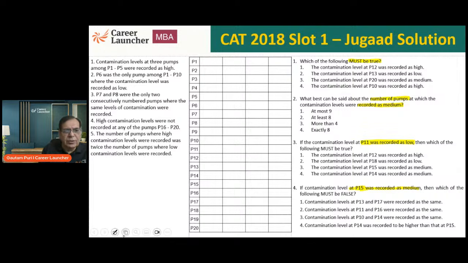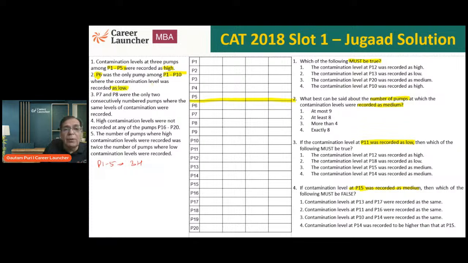Okay. Now, statement 1. Contamination level at 3 pumps among P1 to P5 was recorded as high. So P1 to P5, I'll just put this demarcation so that it's easy for all of you to pick up. Statement 1 has told me that in P1 to 5, there are 3 highs. Statement 2, P6 is the only pump amongst P1 to P10 where contamination level was low.